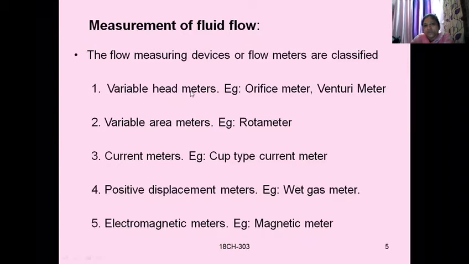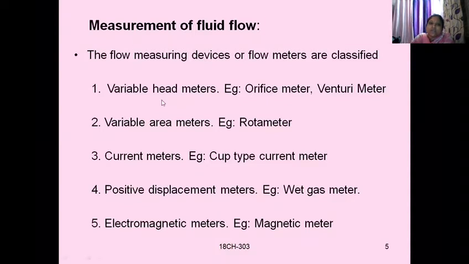Variable head meters measure the flow rate by using the difference in head. Whenever the flow rate of the fluid changes, the head of the fluid changes. So by measuring the pressure difference or the head, we measure the flow rate.